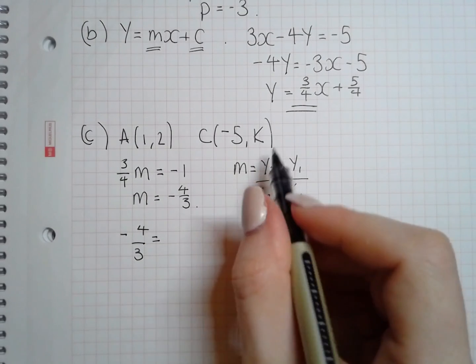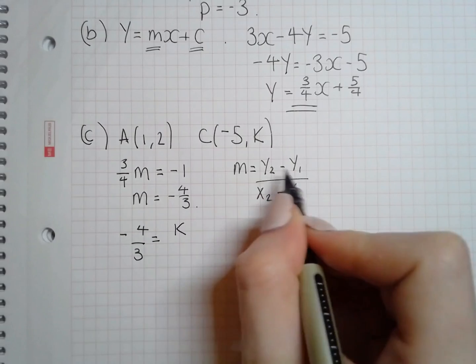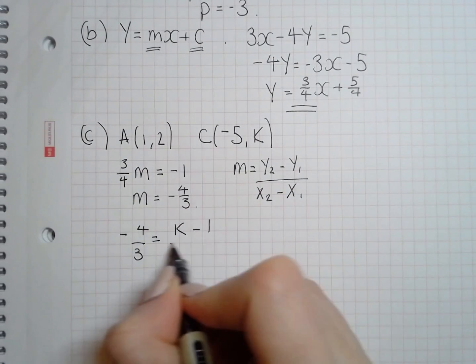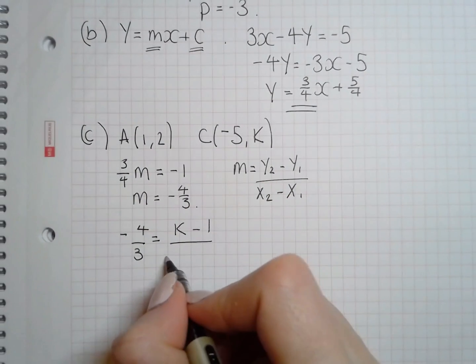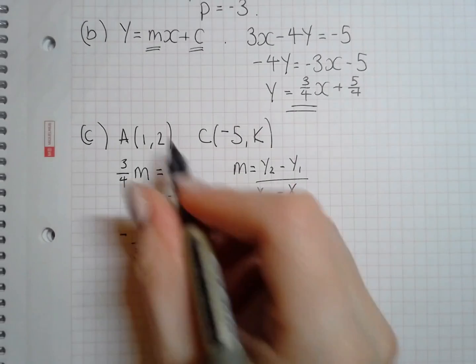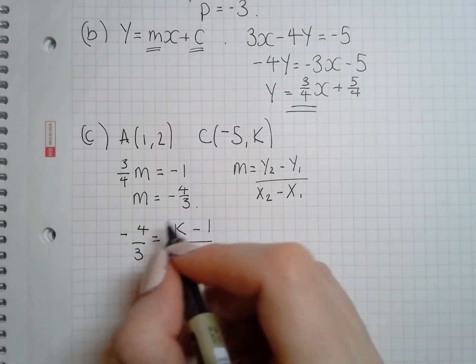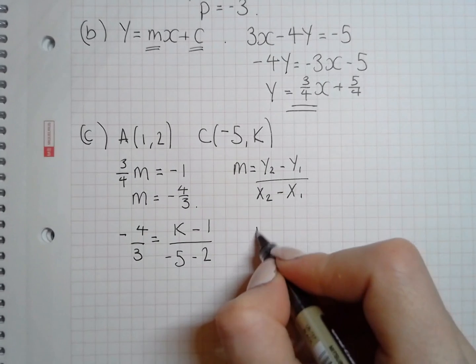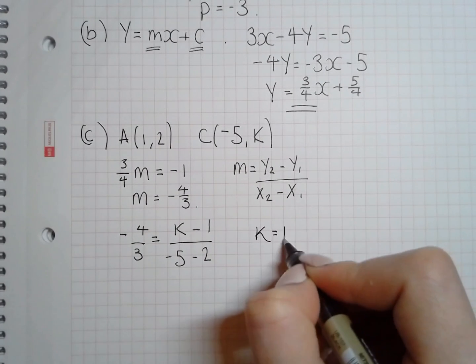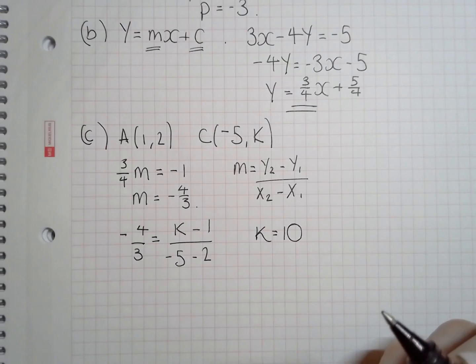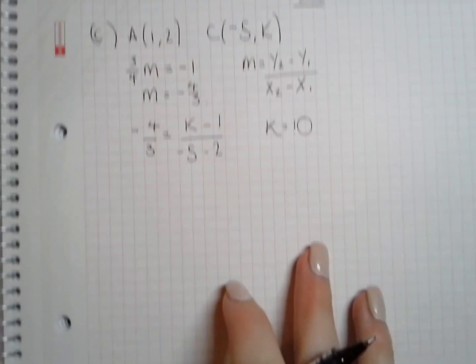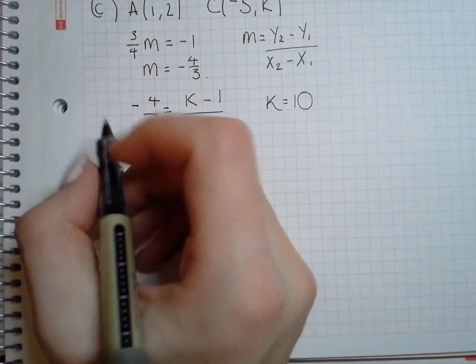So y2, let's make y2 k, and y1 is 2, and x2 is minus 5, minus x1, which is 1. And if we just figure all of this out, then we find that k equals 10.